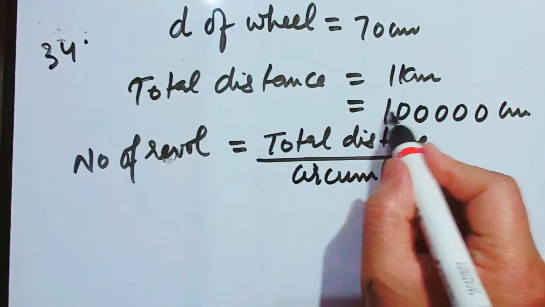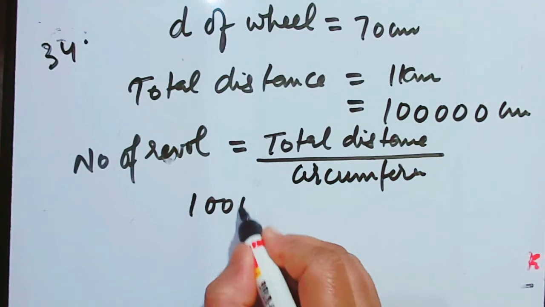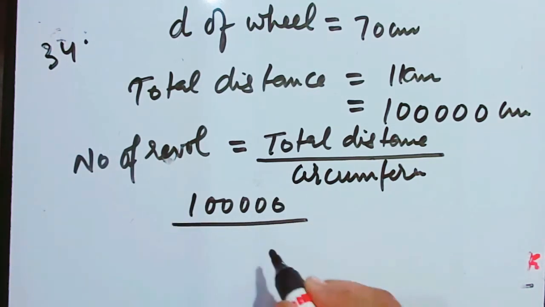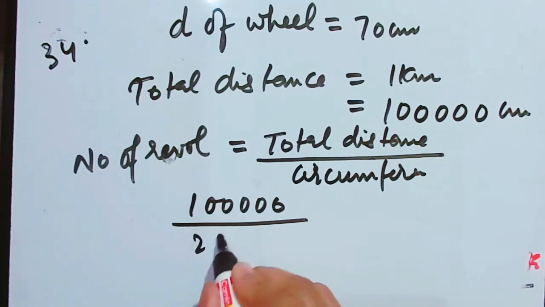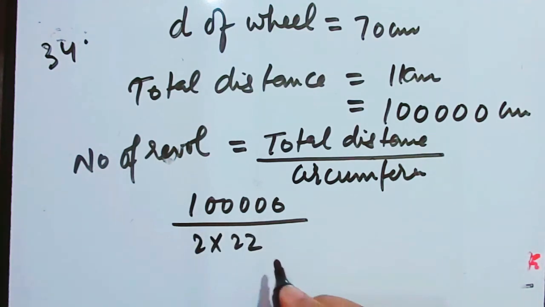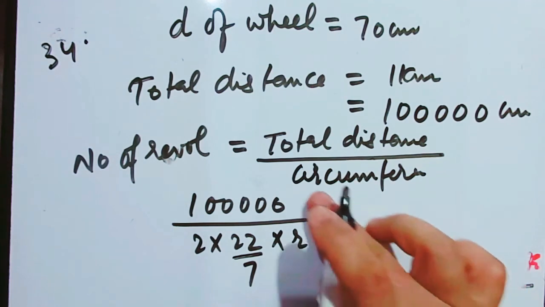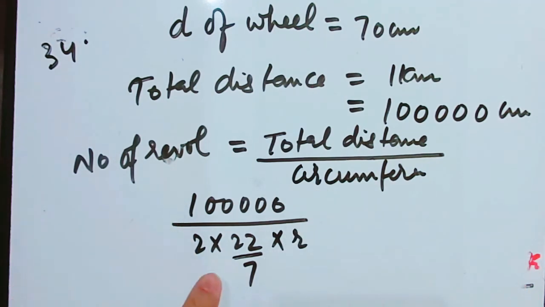So see, have a look. 100,000 divided by 2 pi r, 2 into 22 by 7. This 7 will move up and multiplied by r. Actually, let me write it over here. So this divided by this, the 7 will move up.